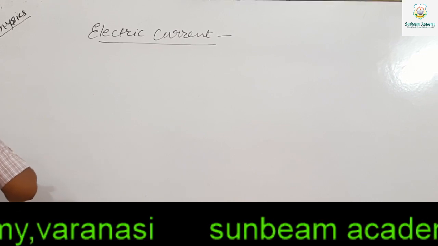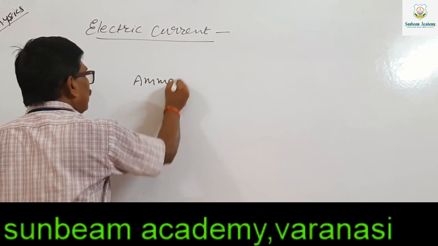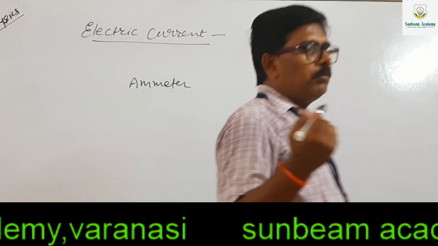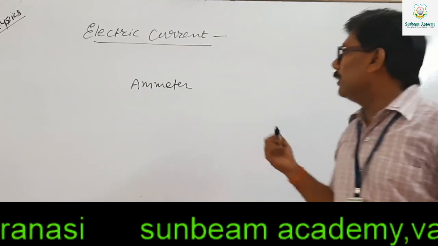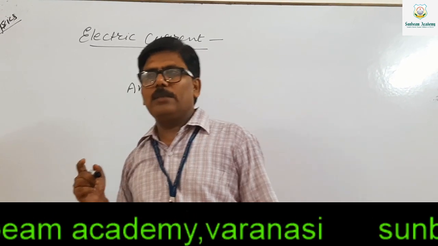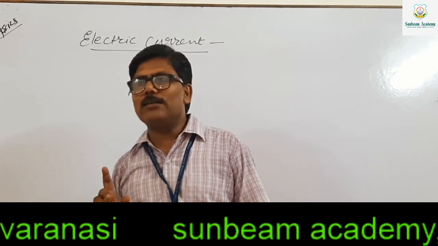The instrument used to measure the electric current is known as ammeter. Ammeter is a device which is used to measure the electric current.